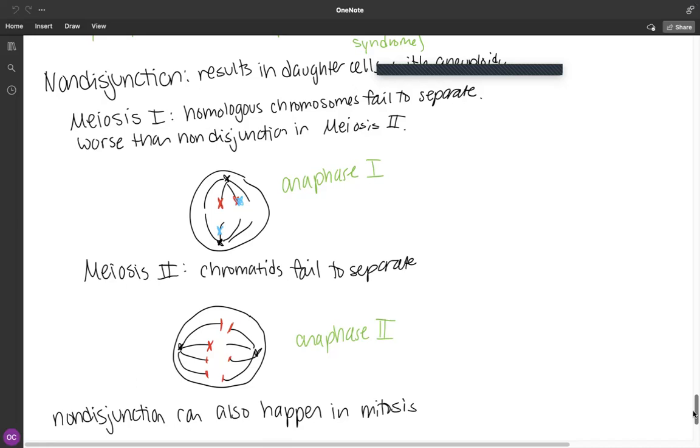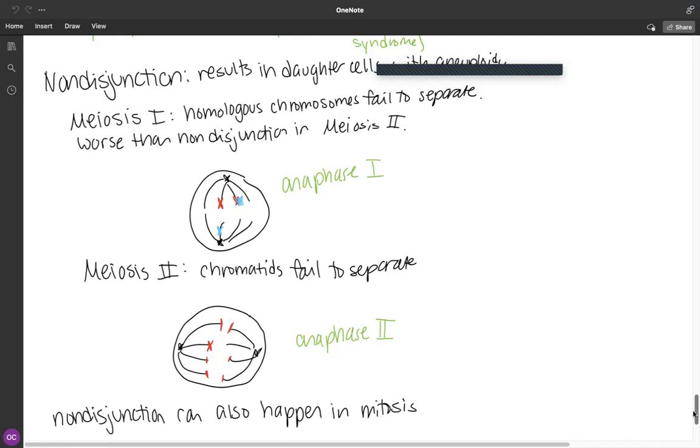If you create a problem early, your whole process afterwards is going to be affected. You're going to have the incorrect amount of chromosomes in the cells when you go through meiosis 2. So it's worse than non-disjunction in meiosis 2.